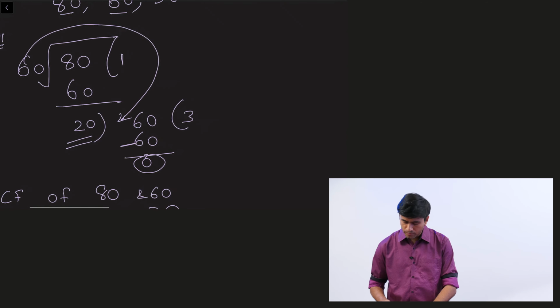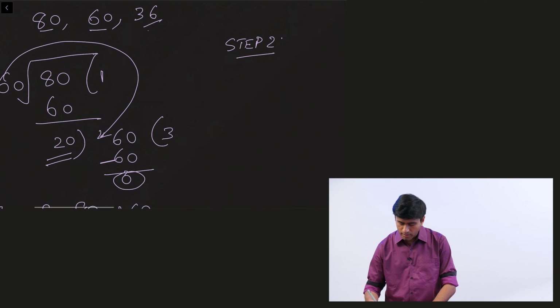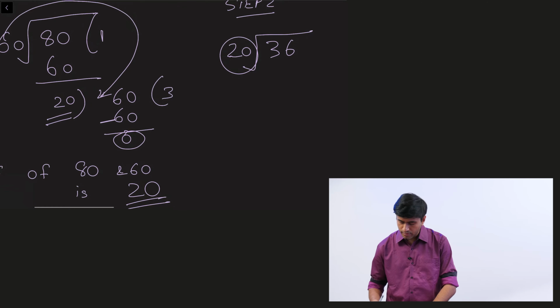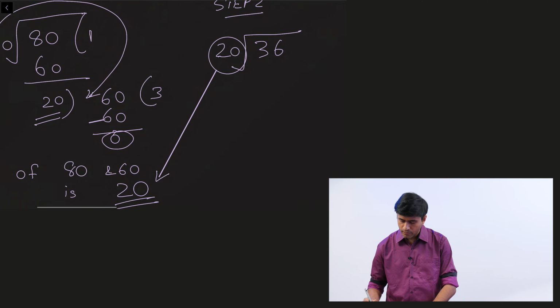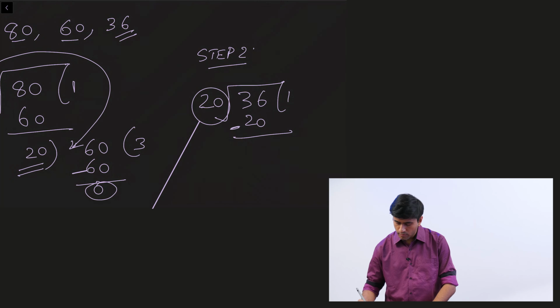Now in step 2, the third number that is remaining is divided by this HCF that we found earlier. So not 20, 20, 36. 1 times 20 is 20, minus, 16.